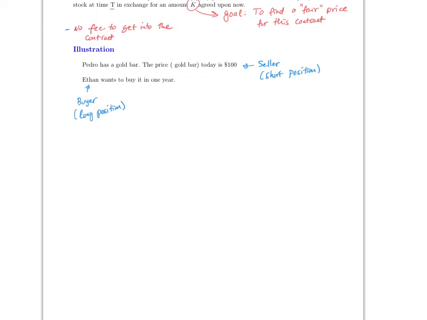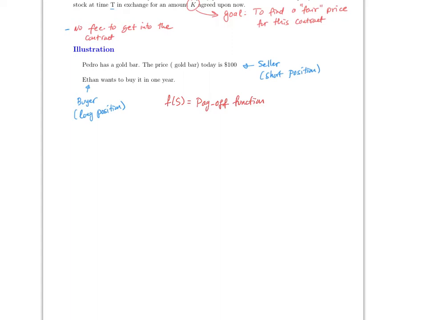Now throughout the class, we're going to use f of S to denote the payoff function. So let's look at the payoff function for both of them, from the point of view of the buyer and the point of view of the seller.